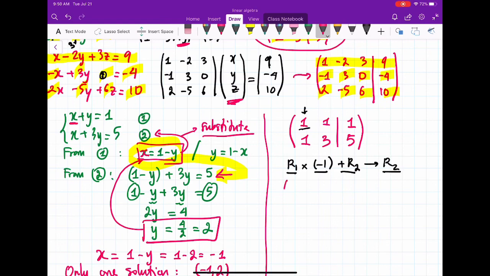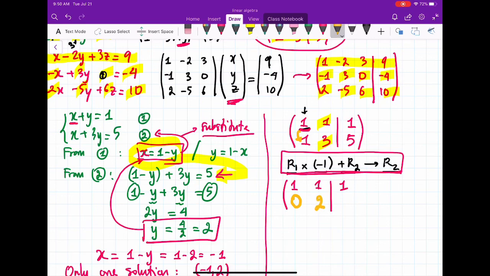I fixed the first equation 1 1 1. So when I do this operation, I have to do that for all coefficients on each row. Okay, so 1 with -1 is -1. -1 add with the 1, I got 0 right here. Okay, now I pick 1. 1 with -1 is again -1 plus 3 is 2.